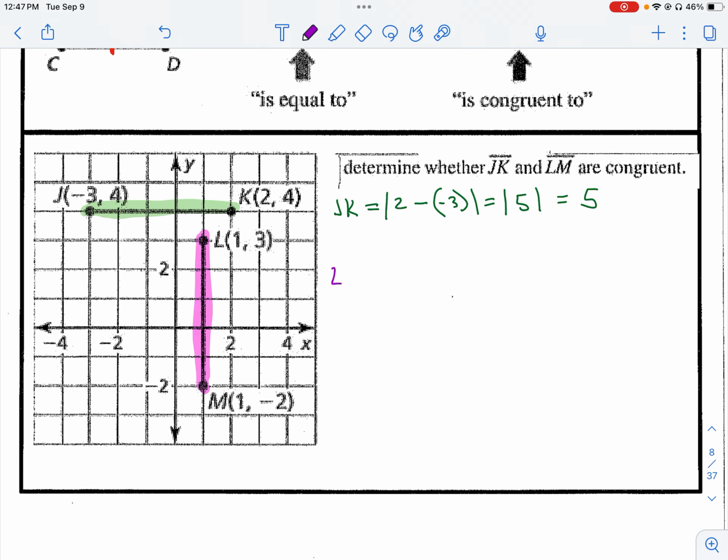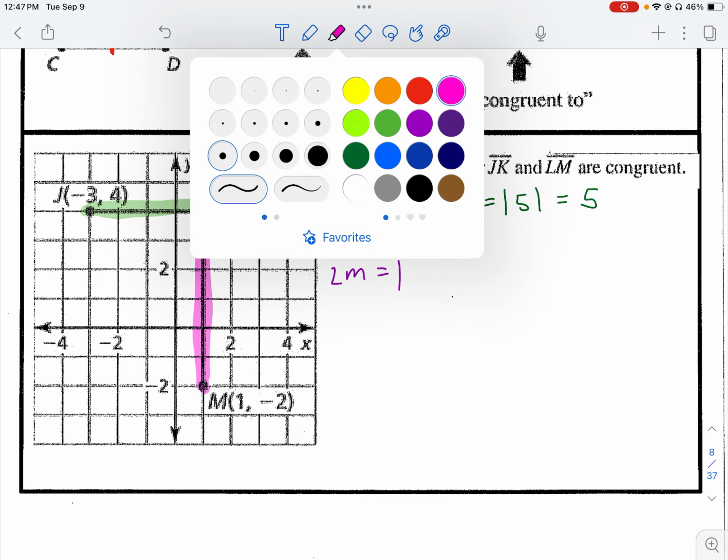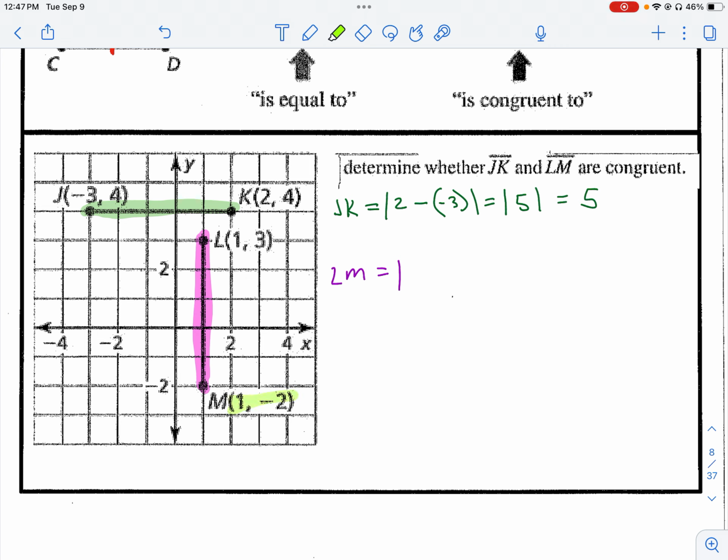Let's do LM. LM, which is the number, is going to equal the absolute value. Now here, the x's are the same, but the y's change. So we're going to use the y's because that's how far apart it is. -2 minus a positive 3.